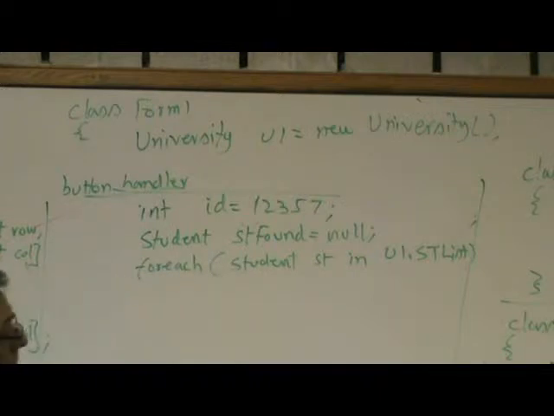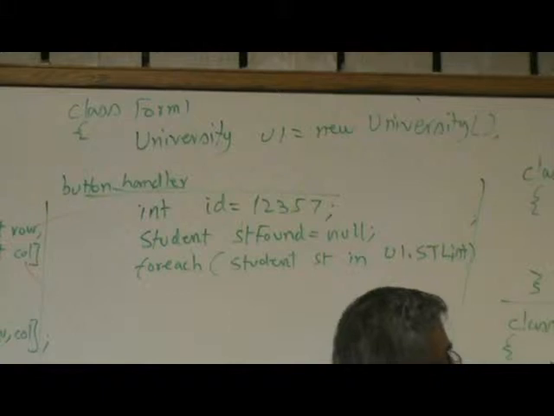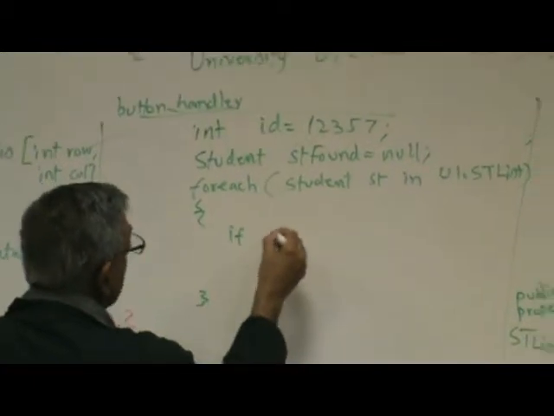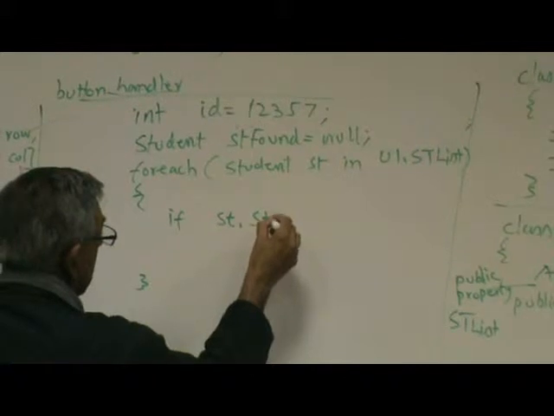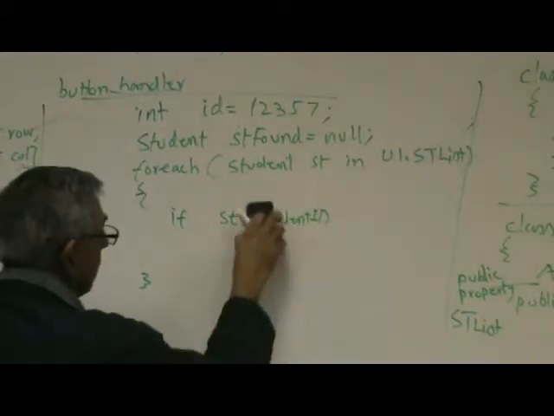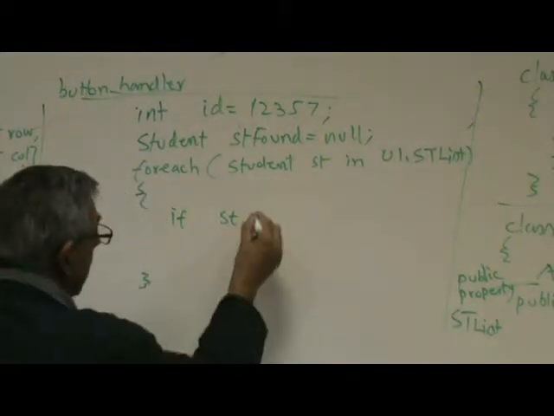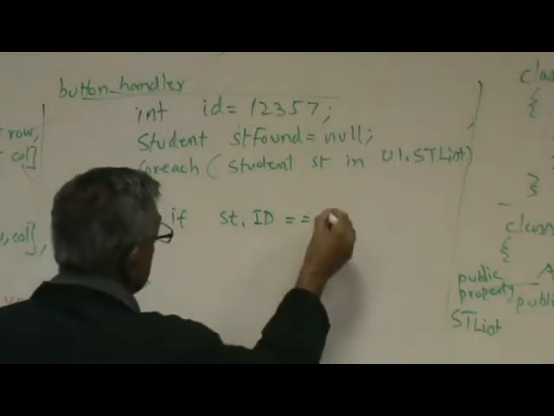So through the u1 object, which is our university object, we will loop through this stList, right? And then we will say if st.ID, whatever the student ID field is, or let's pretend our field is called ID, st.ID equal to ID.